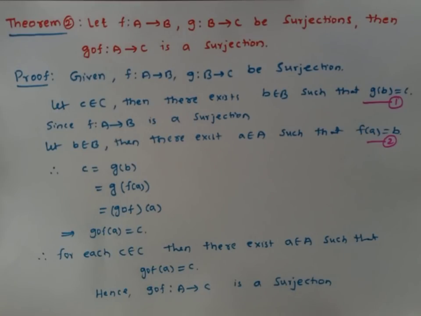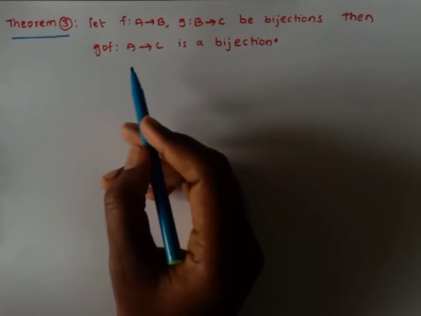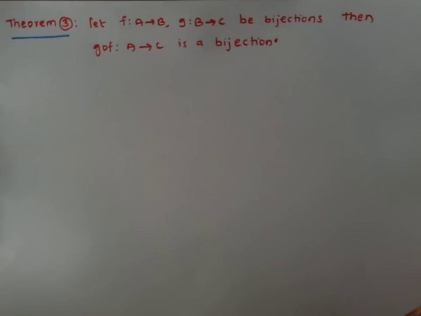Bijection means it is both one-one and onto, or it is injection and surjection. So the third theorem is, let F from A to B and G from B to C be bijections, then G circle F from A to C is a bijection.